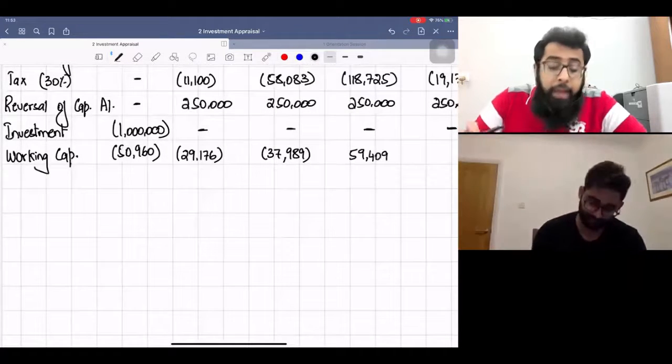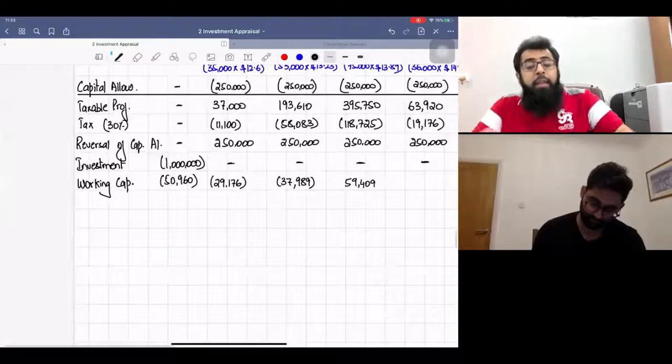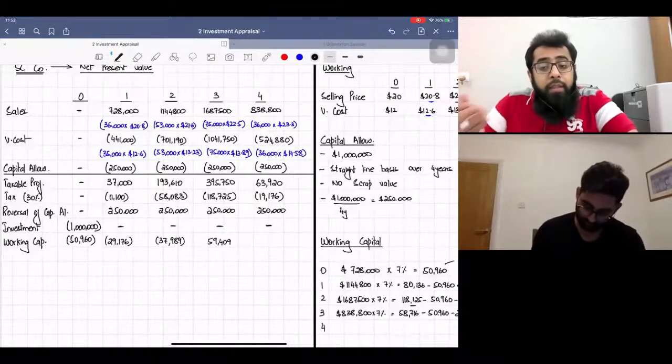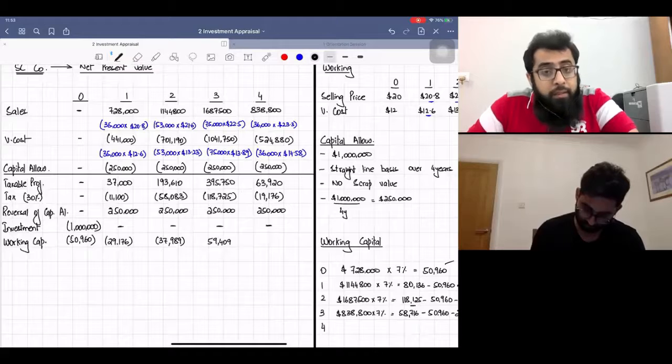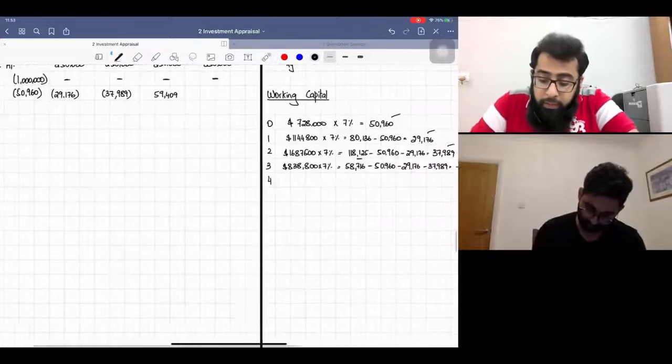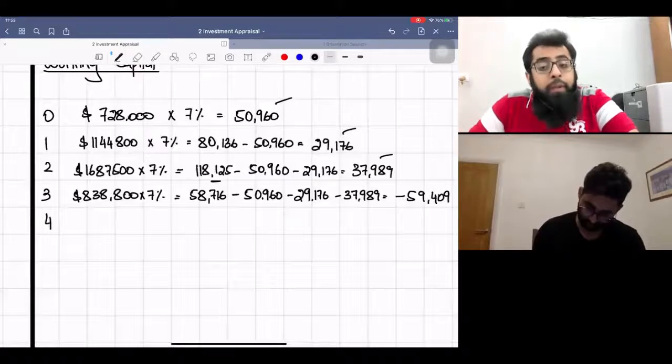And the last assumption is the remaining amount invested in the working capital will be recovered in the last year. The entire amount which remained invested in the working capital will be recovered.